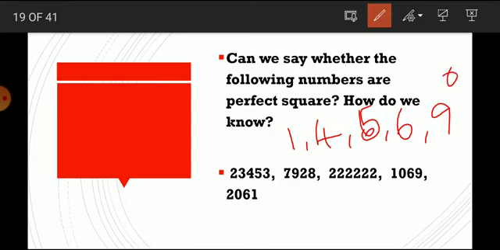Check the units place in the first number: 2, 3, 4, 5, 3. There is no 3, so this is not a perfect square.